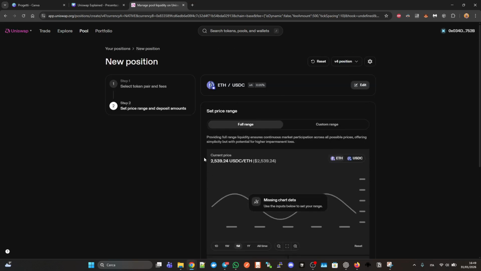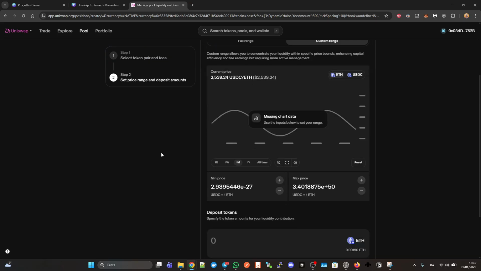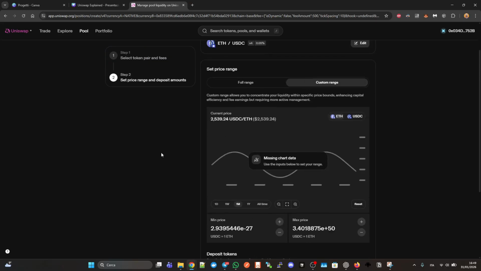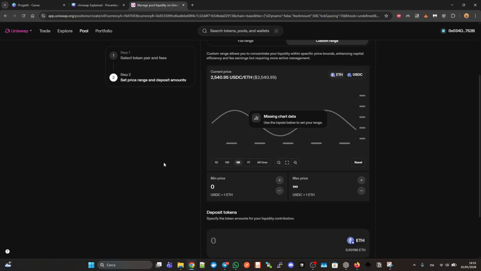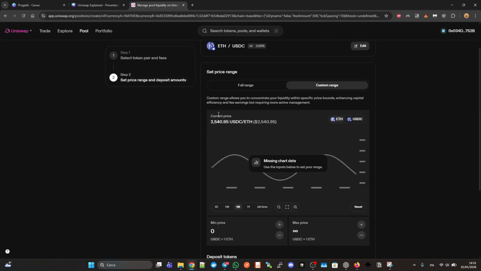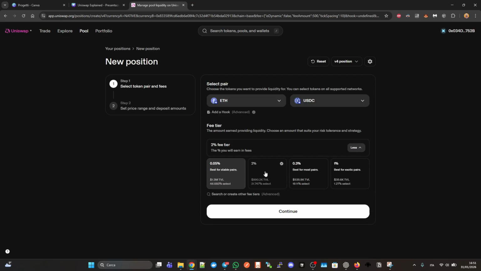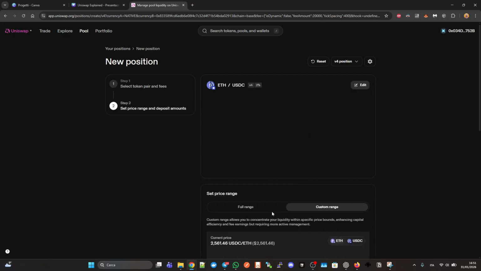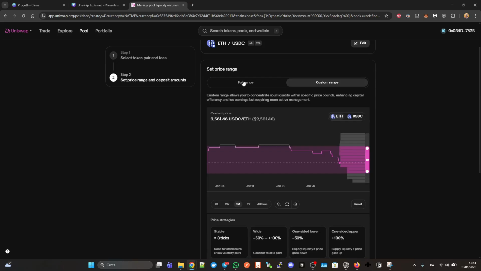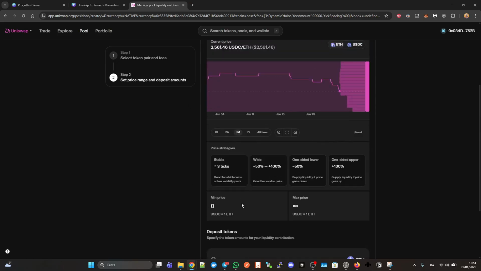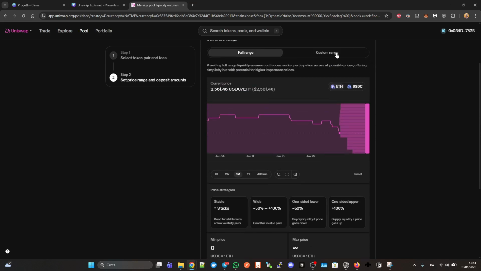While we can also choose, for example, a custom range. Okay, for some reason it is not showing the chart data. Let's try to change here the fee tier because we are just showing something. Okay, so full range, as we said, 0 to infinity. So our liquidity is always working, is always earning something.